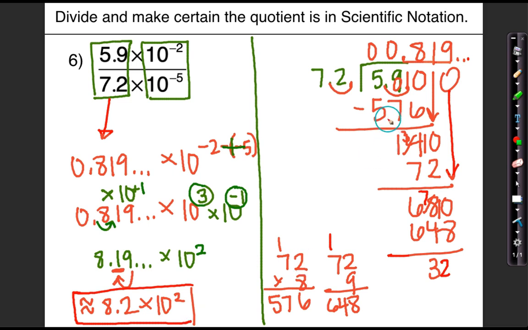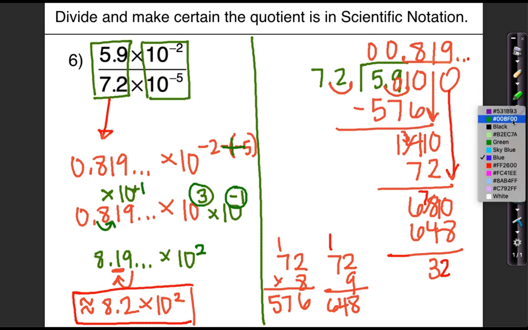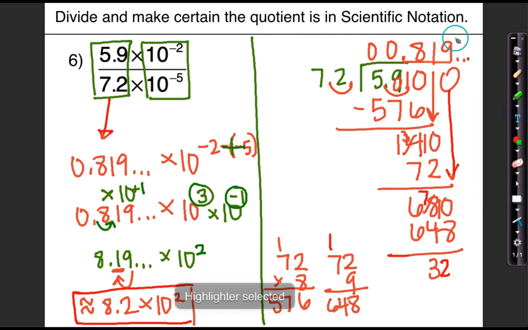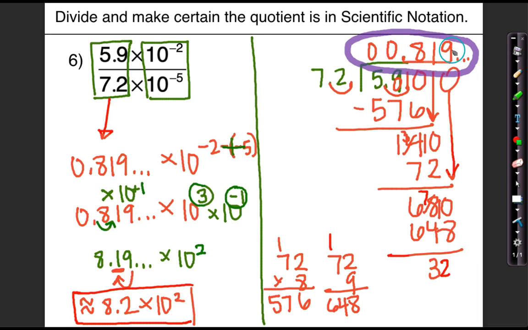So before we move on, I want to explain why this one is so different than the previous one. The main thing that makes this one different is the fact that my answer right here is not between 1 and 10. And for that reason, I knew I was going to have to make an adjustment.